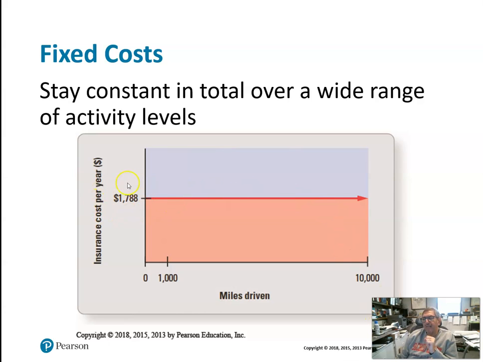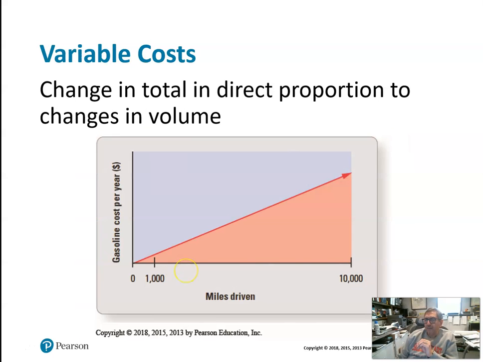If we're spreading that same total cost over fewer miles, then the fixed cost per mile will be higher. All right. So again, those relationships are critically important. Fixed costs are constant in total, but change per unit. Variable costs are constant per unit, but change in total.